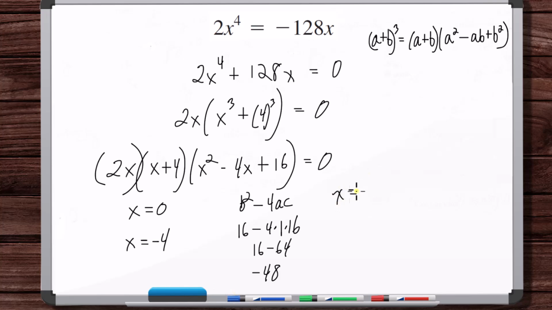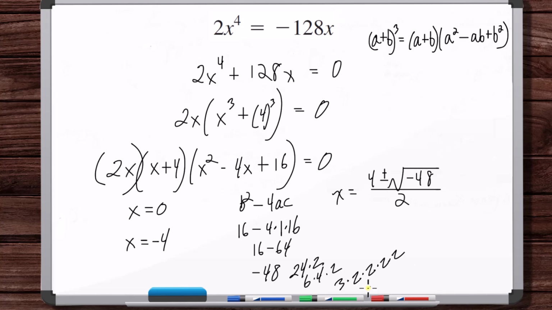So x is equal to minus b plus or minus the square root of b squared minus 4ac, all over 2a. 48 is 24 times 2, so 6 times 4 times 2, so that's 3 times 2 times 2 times 2 times 2, so 3 times 2 to the 4th.